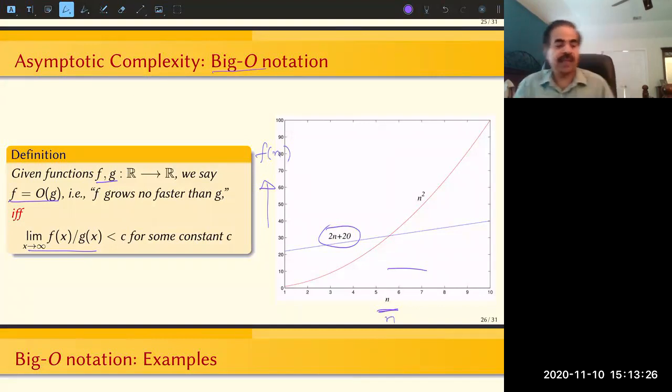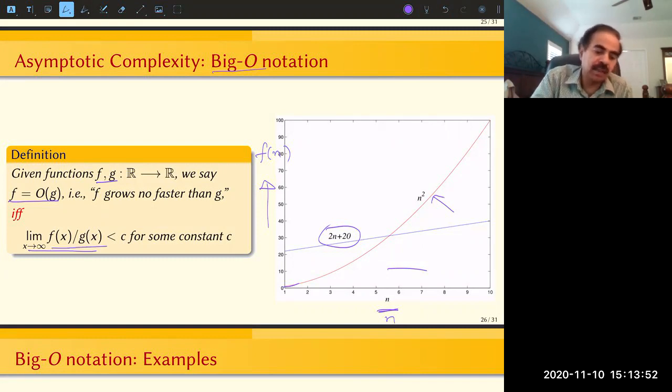So this is a linearly growing function, whereas this here is a function that grows quadratically. You can see that as n increases, the function that grows quadratically increases much faster than the function that grows linearly.